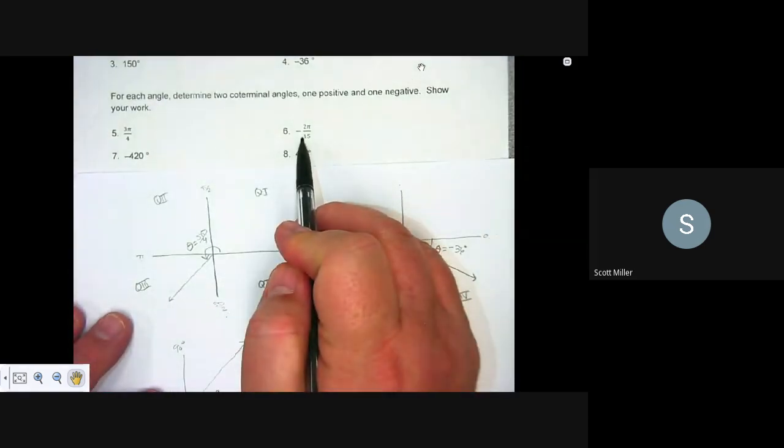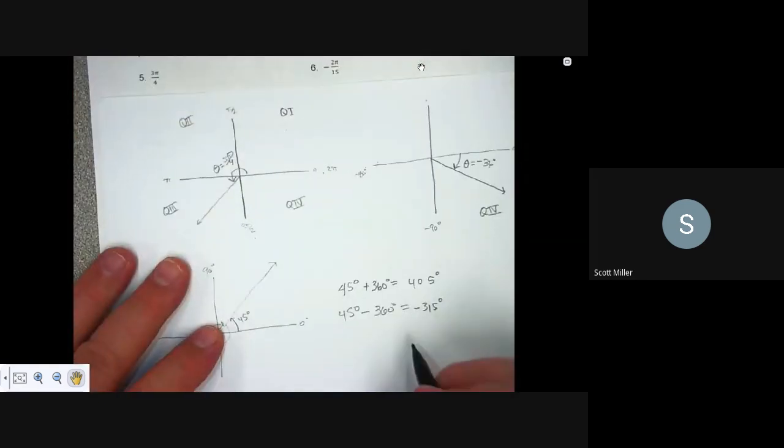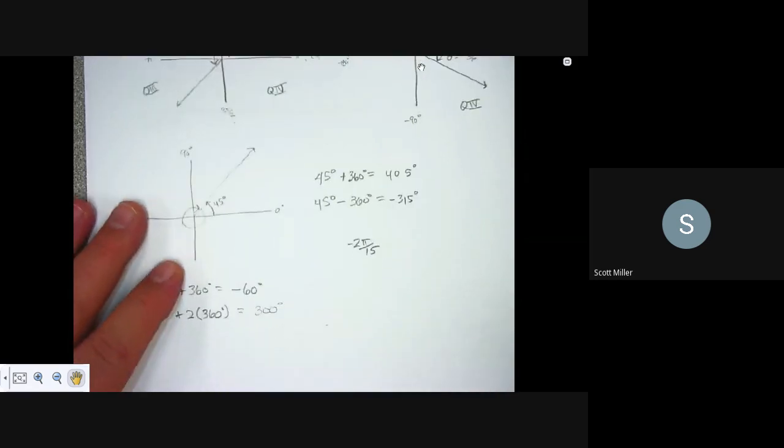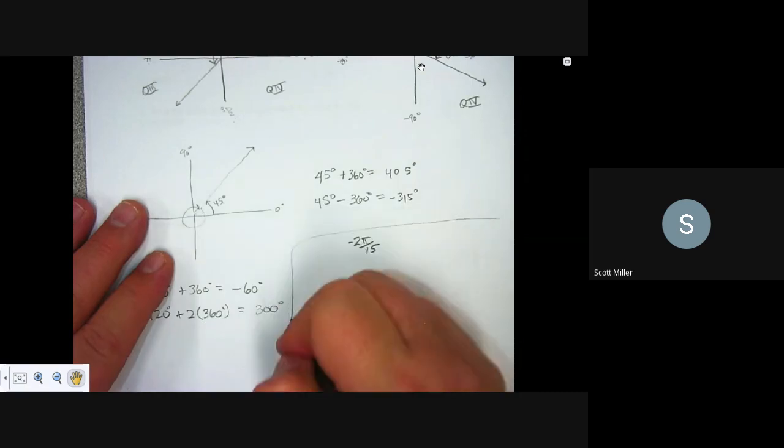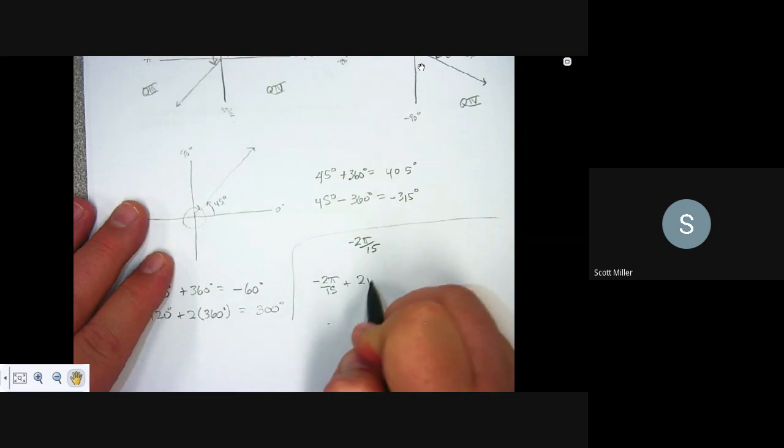The same thing applies with radian measurements. You're just going to have to deal with the fraction part of it. If you add around, remember you're adding a 2 pi. So let's do one of those. We can do negative 2 pi over 15. That is the angle I'm starting with. I can draw that in standard position if I wanted to, but I don't need to do all that. I'm going to start with negative 2 pi over 15 and add 2 pi to it.